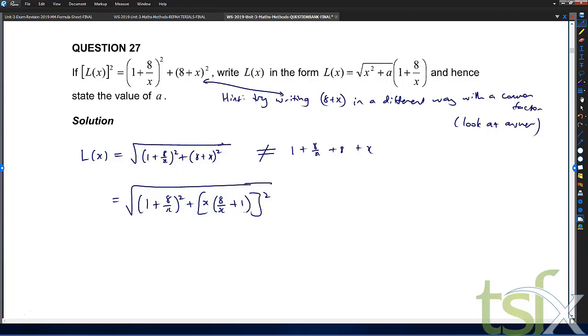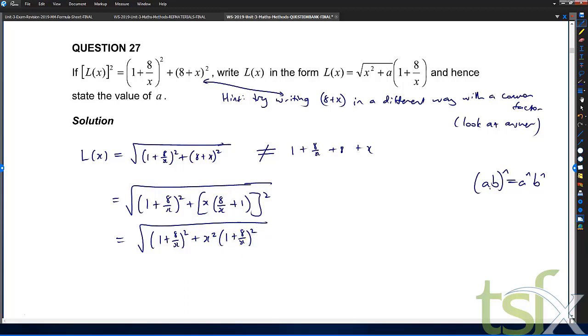Now I've got this, I'm feeling pretty good because one of the laws of indices is that if you've got a times b to the power n, then they both get that power. So over here, the first bit doesn't change, but in this second bracket, the x gets squared and the 1 plus 8 on x also gets squared.